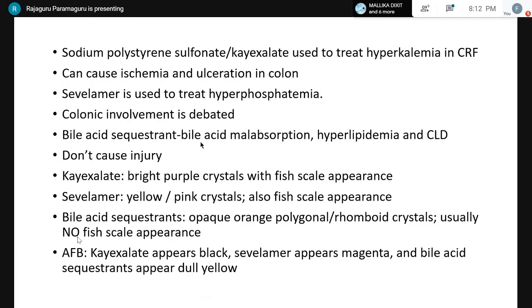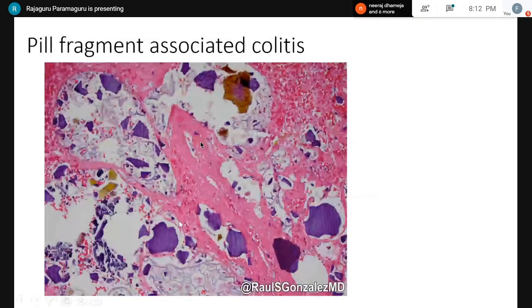Bile acid sequestrants, which are used to treat hyperlipidemia, chronic liver disease and bile acid malabsorption, can also be seen, but they do not cause any injury. So in this picture, what we see is the Kayexalate, and then this is the sevelamer, which is yellow in color.